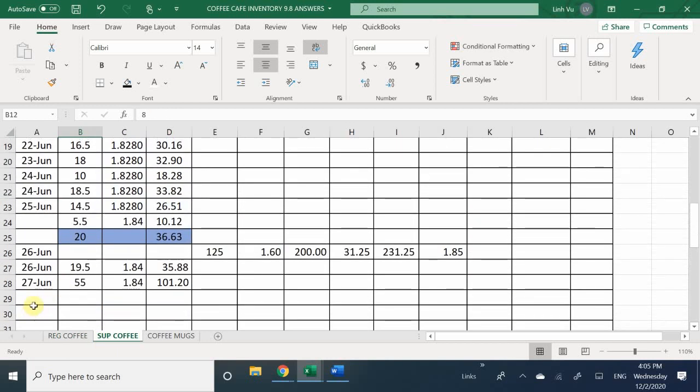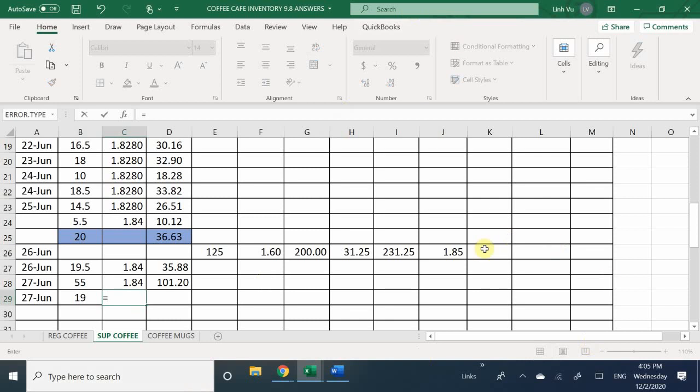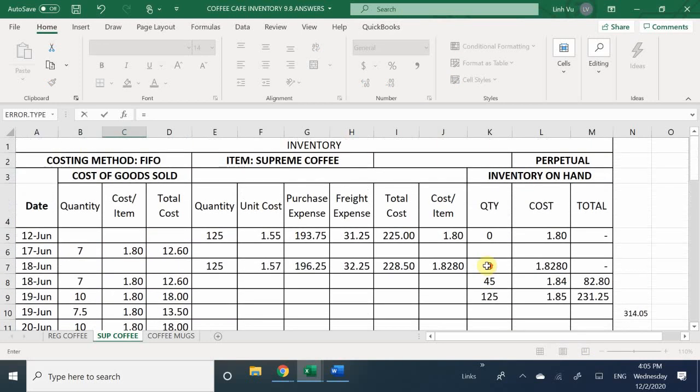Which we used 19 pounds of. 627, 19 pounds. Let's see what we have. All right, let's scroll up here. So we're going to take it from the 45 quantity at $1.84 a pound. Okay.